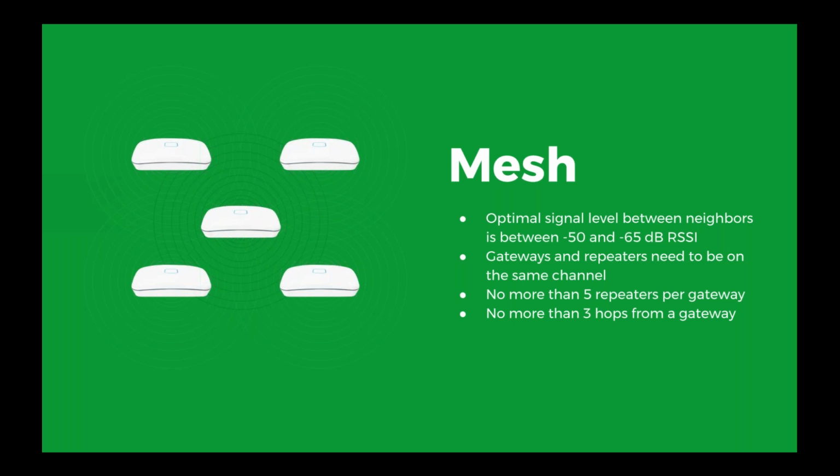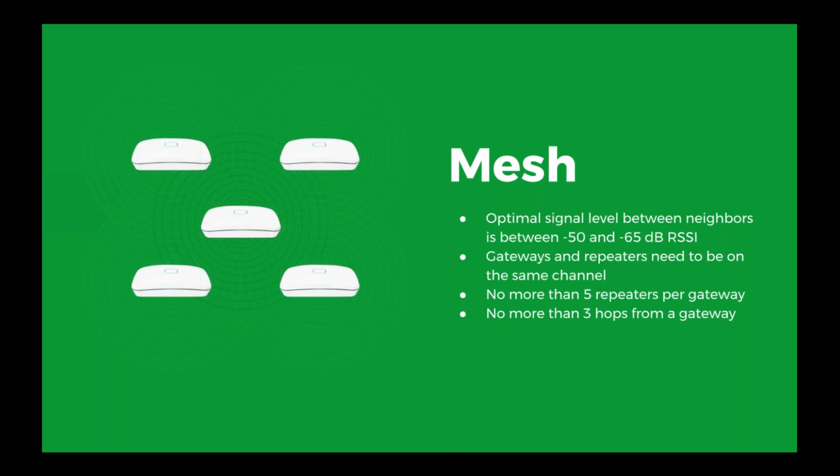And now gateways and repeaters need to be on the same channel because a repeater is essentially a client off of that gateway access point. And so they need to be on that same channel so that they can communicate with each other.